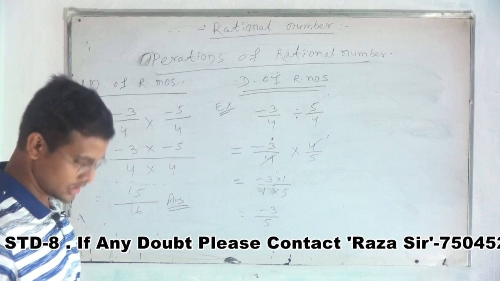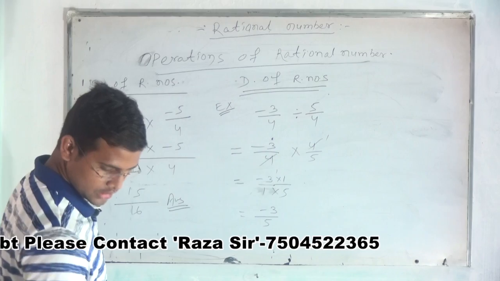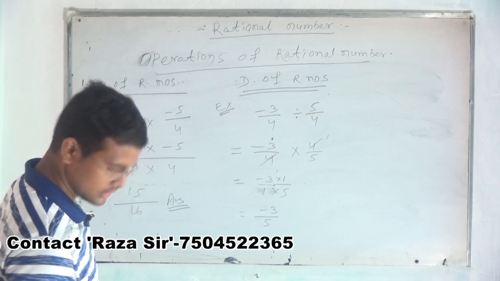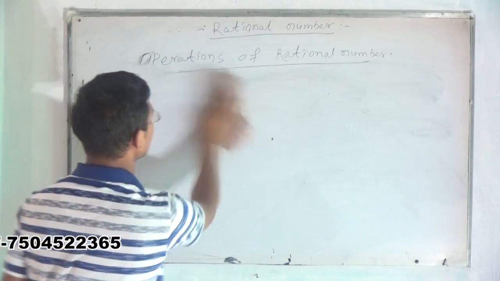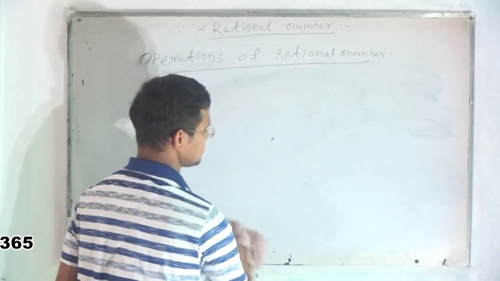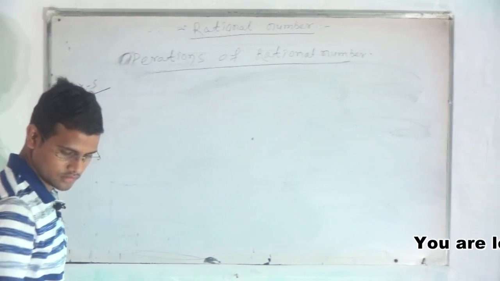Another example in your book, page 10, example 5. This is also under operations of rational numbers. Example 5, important question.